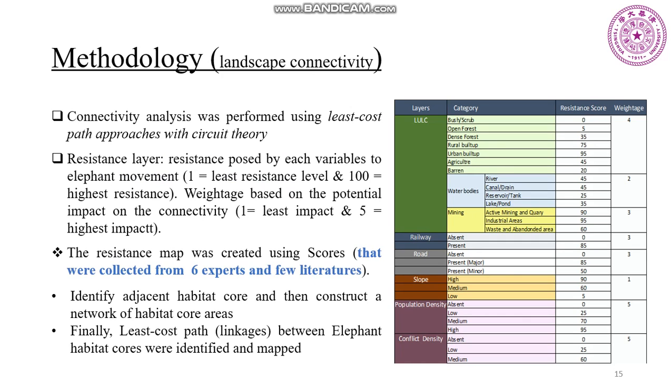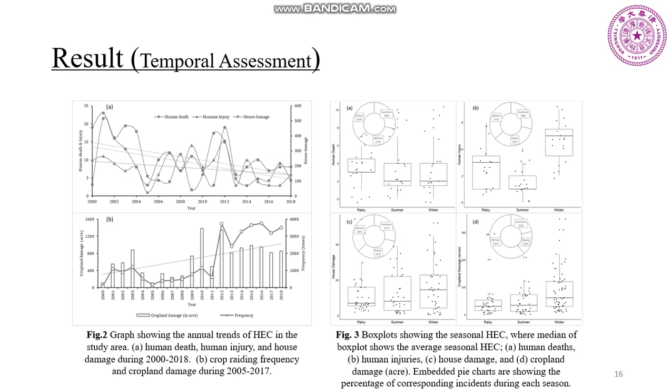For calculating landscape connectivity, I used circuit theory, which is based on the concepts of current and resistance. For resistance layer preparation, I relied on feedback from 6 experts as well as a few literature sources. The average score and weightage for calculating the resistance map are given in a table here.